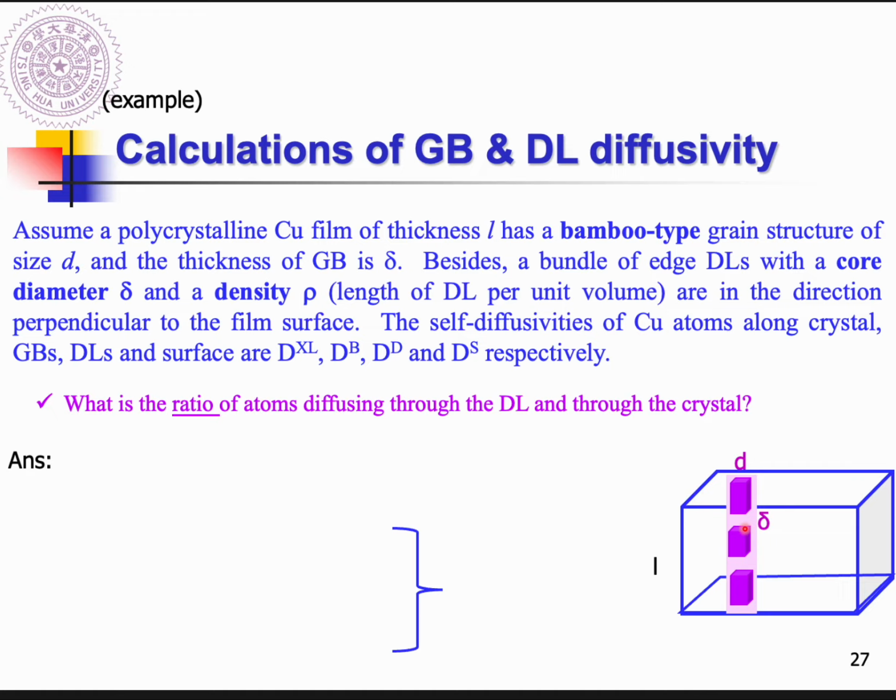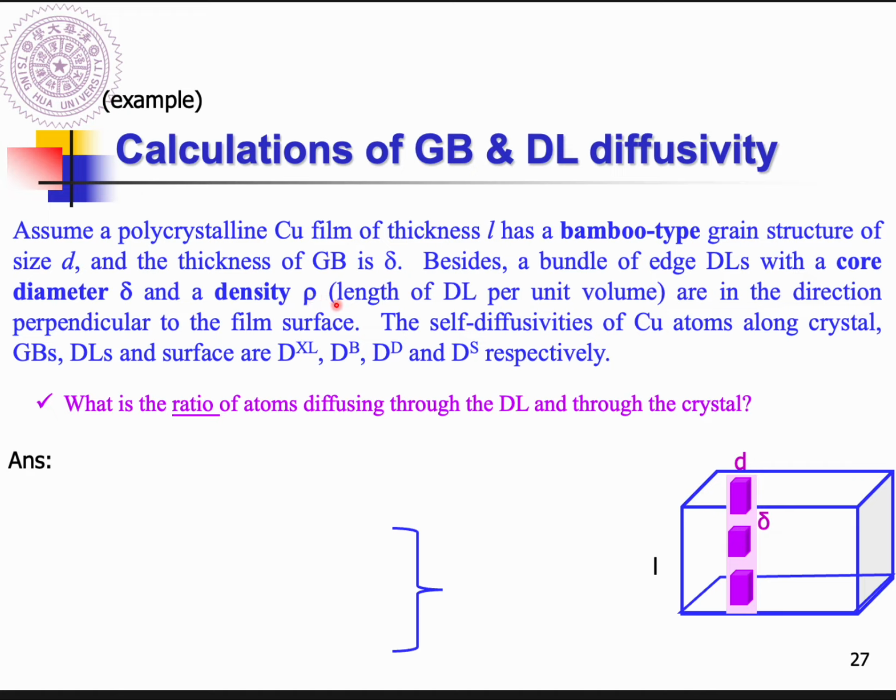In between two grains we have a grain boundary of thickness delta. Additionally, we also have a bundle of edge dislocations with a core diameter delta and a density rho. A bundle of edge dislocations means we have lots of dislocations, and the core diameter is delta and the density is rho.